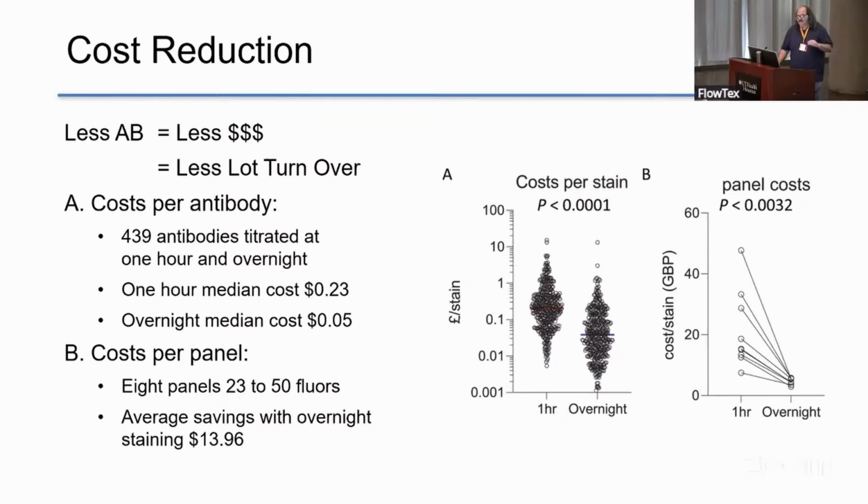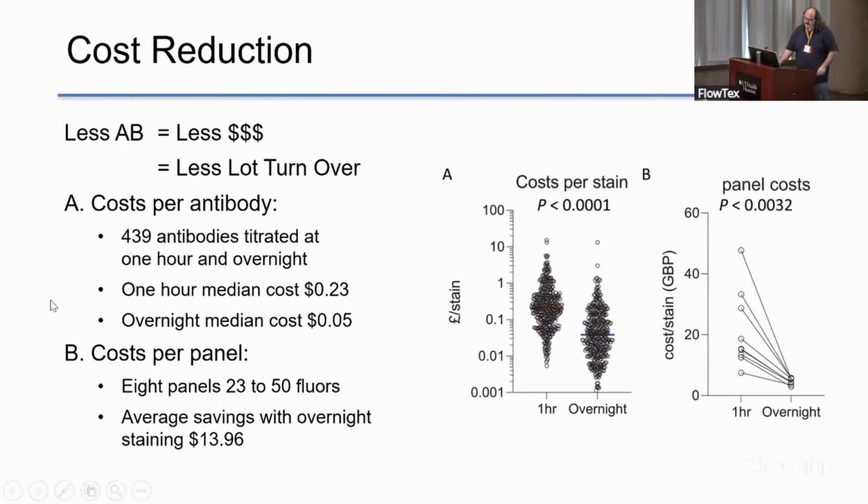And so they actually did a nice analysis, I thought, which was to take 439 different antibodies that they had titrated to be at the optimal amount for an hour-long incubation. And then they did titrations for 439 of them for doing overnight. And then they found out how much they would have in cost savings per antibody.